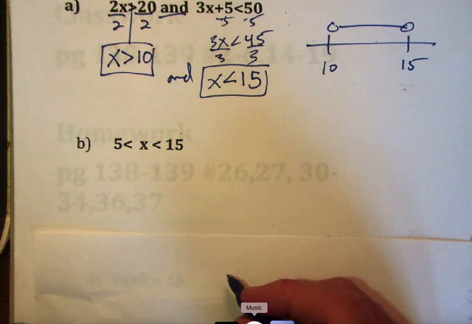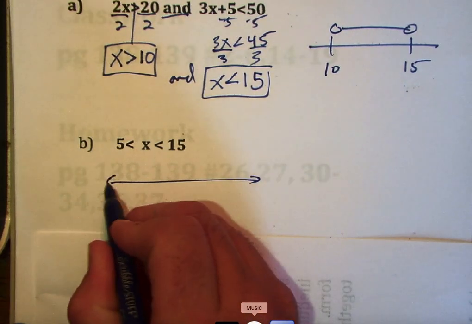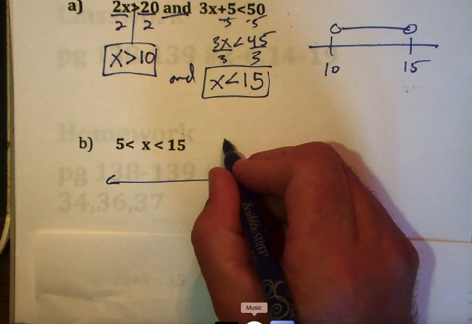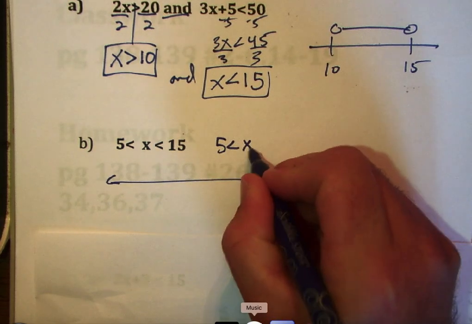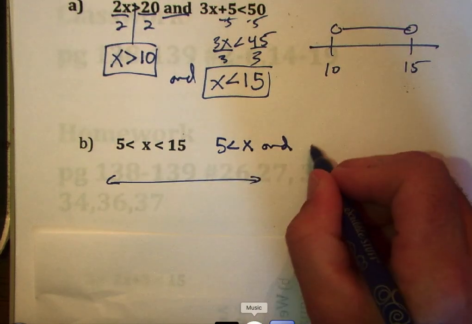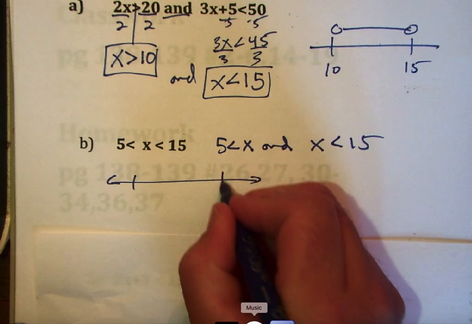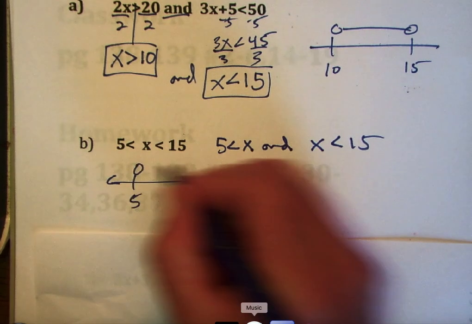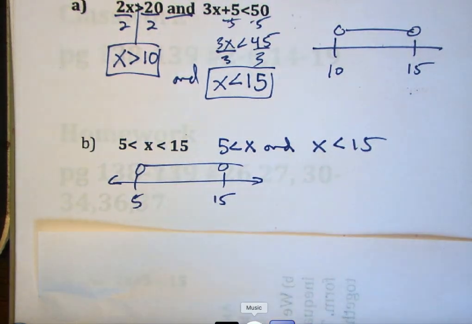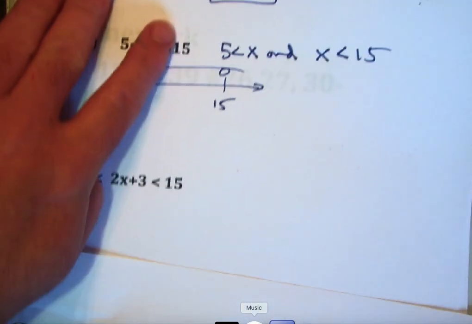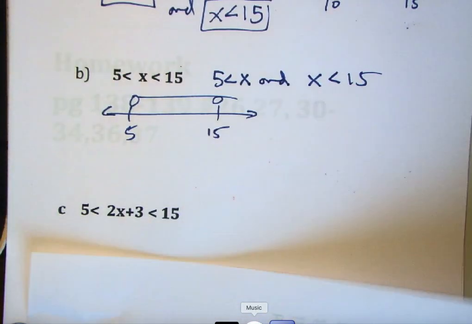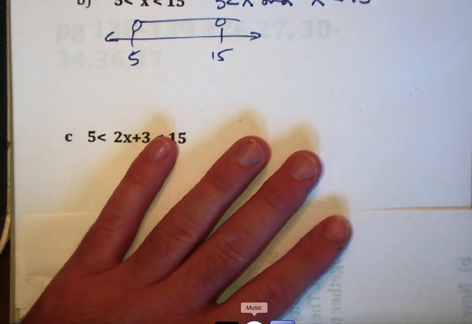What are the numbers that work? Cool thing is, you can rewrite this as 5 is less than x, and if you can read it, x is less than 15. So there are two inequalities, and the cool thing is, we have our answer if we're going to graph it. All right, the last one that you're going to see for notes, and then I'll get you to practice.